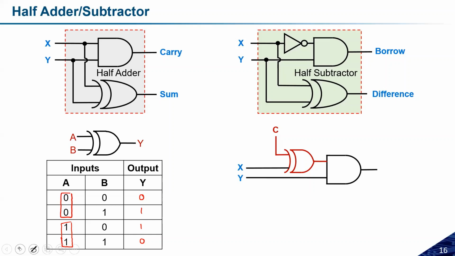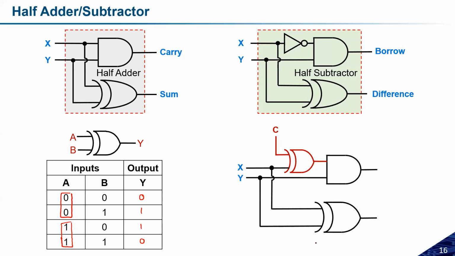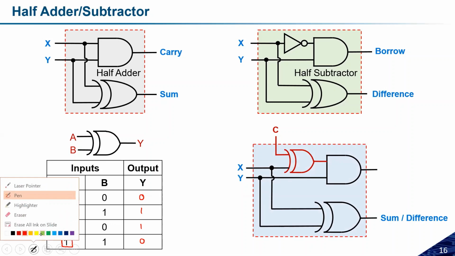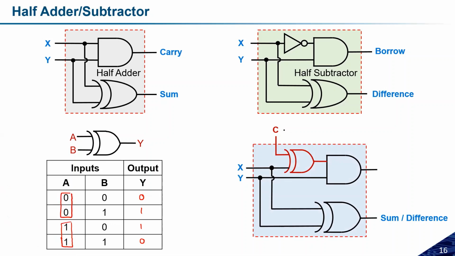Okay. So I will use one XOR gate at the input. Then I will use another XOR gate and then an AND gate, and that will give you the sum and the difference. These both are the same. So here at this one, I will get what can act as a sum or the difference. And this output, if C is a control input, C is equal to 0, then it will act as a carry.